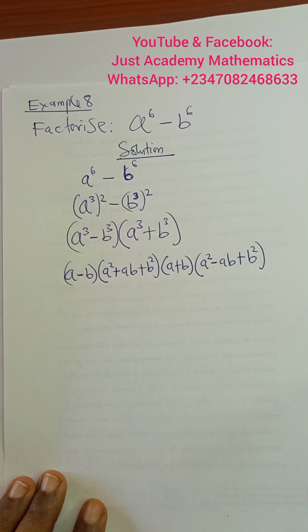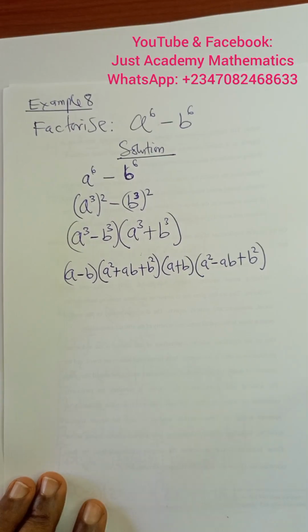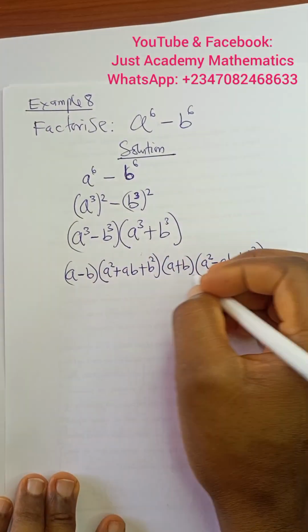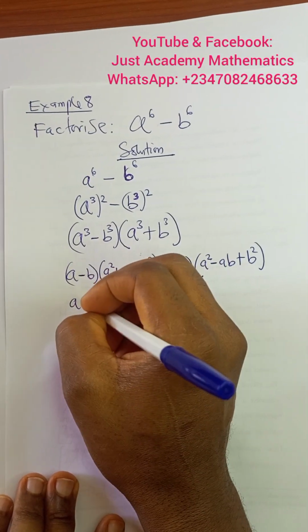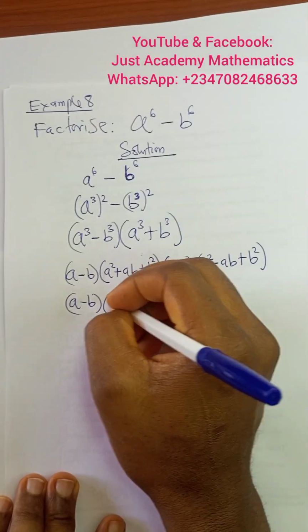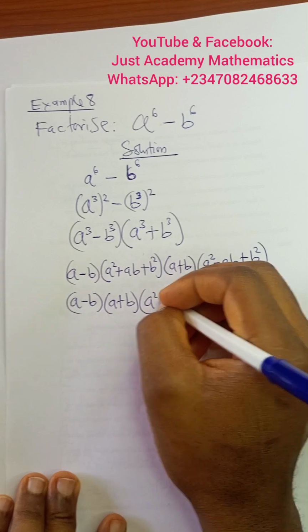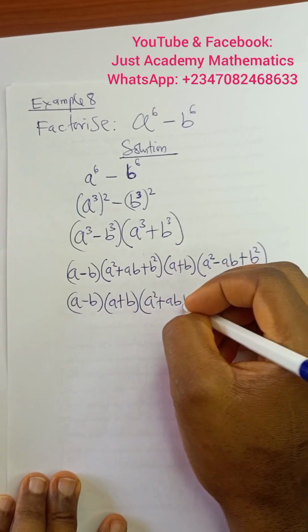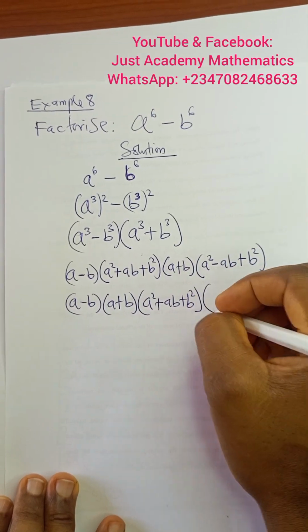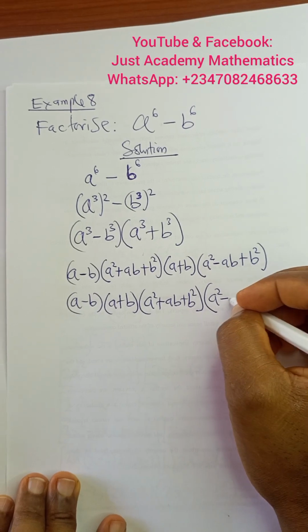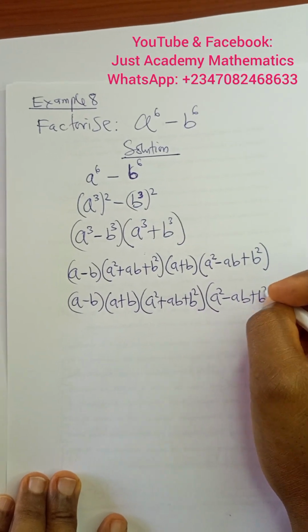Can you see that now? So this is the breakdown. So we write this as a minus b, then a plus b, followed by a squared plus ab plus b squared, bracket a squared minus ab plus b squared.